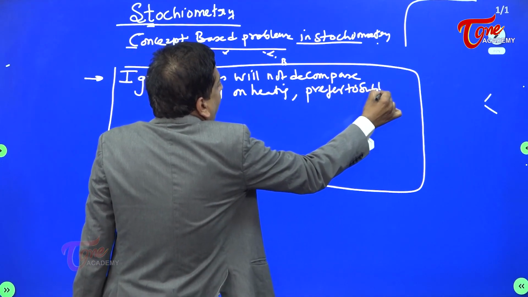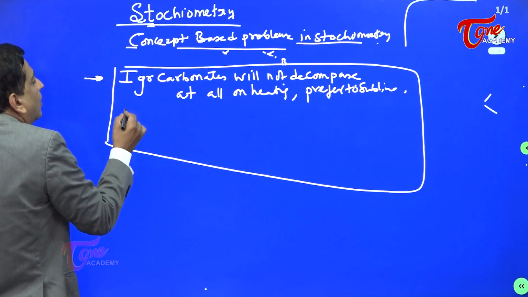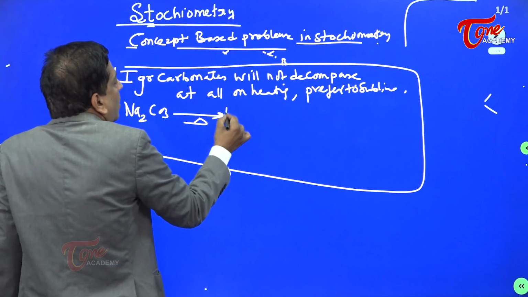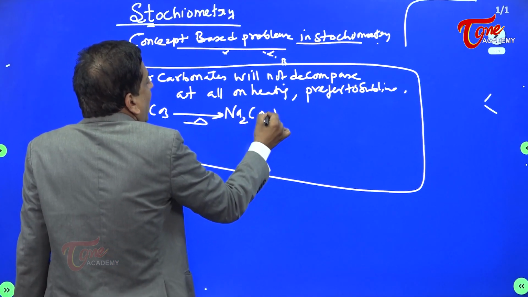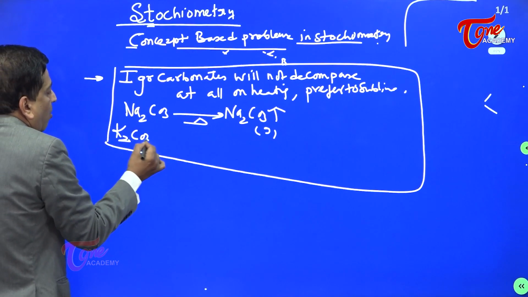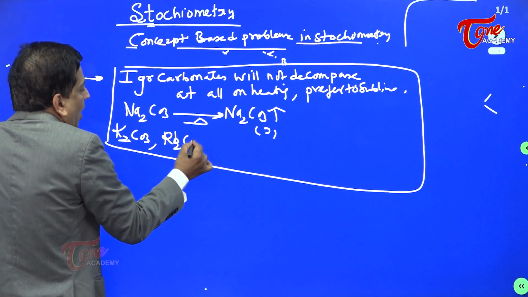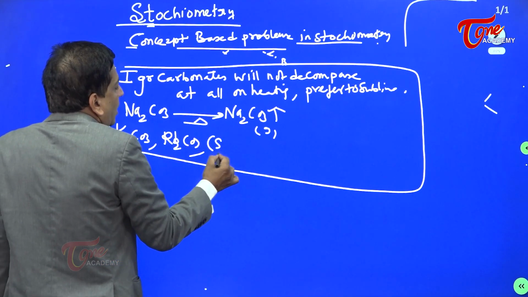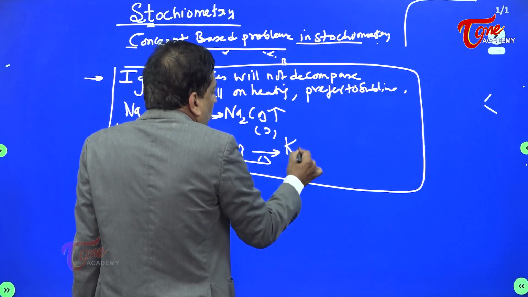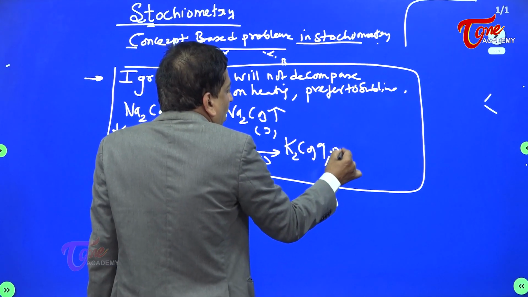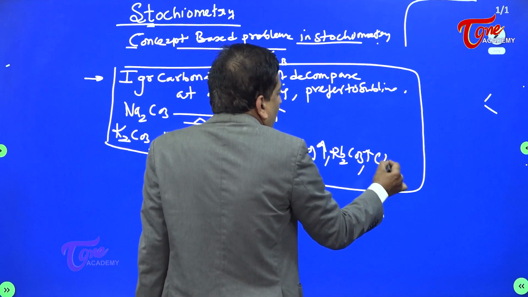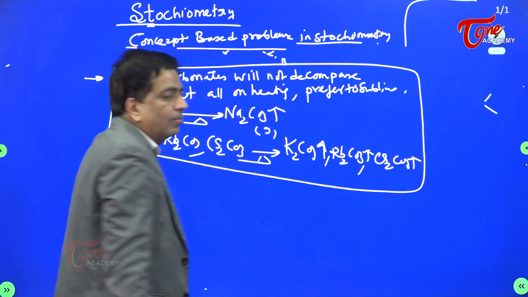They prefer to sublime. Like sodium carbonate, whatever might be the temperature, you get sodium carbonate gas. Similarly, potassium carbonate, rubidium carbonate, and cesium carbonate on heating will give you K2CO3 gas, Rb2CO3 gas, and Cs2CO3 gas.